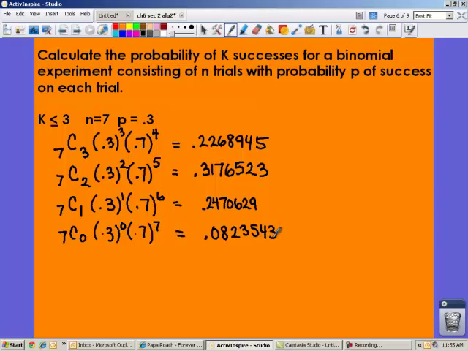Okay, now that you have every single probability for a success of 3, 2, 1, and 0, we want to add these up to get the total. So when you add all of these up, your total ends up being 0.874. And that is the probability of getting 3 successes or less.